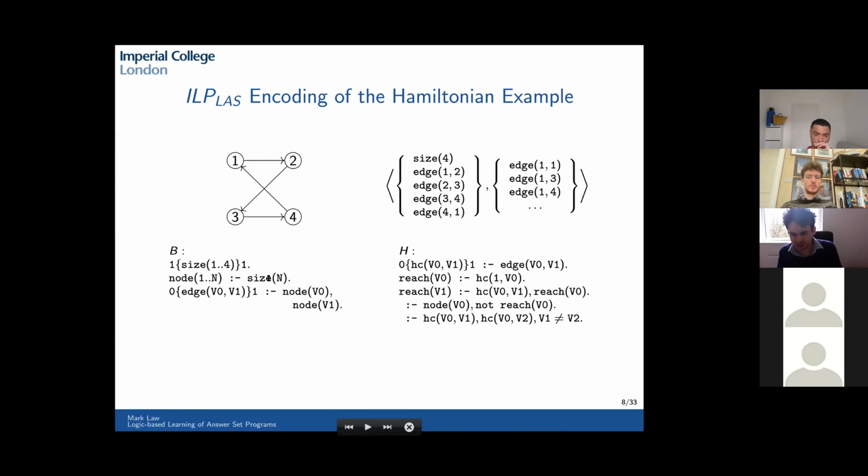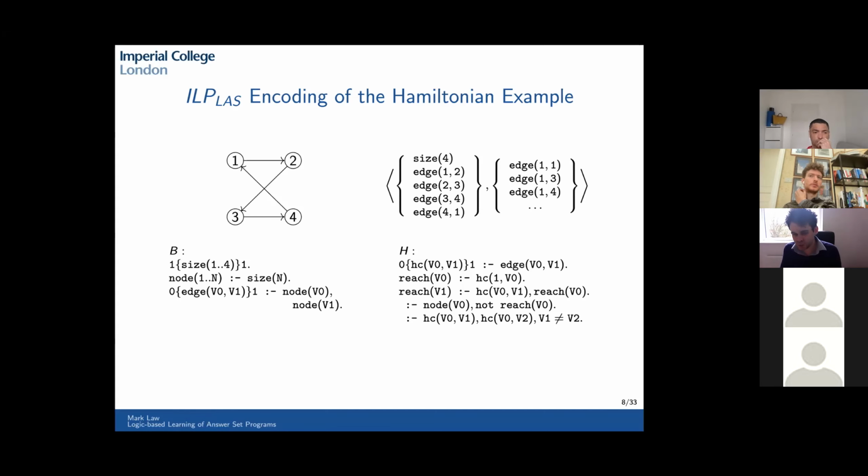On the bottom right, we've got the hypothesis that we're trying to learn. And in fact, if you give a sufficient number of examples to our learning system ILASP, it is able to learn this hypothesis. So again, I don't want you to worry too much about the syntax if you're unfamiliar with ASP, but what this says is that we pick a subset of the edges, which we're saying are in the Hamilton cycle, labeled with the predicate HC for Hamilton cycle.